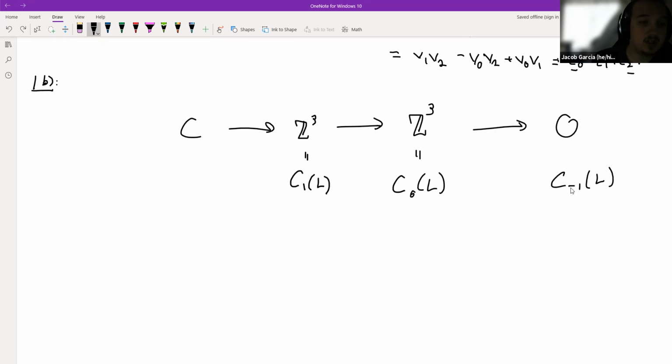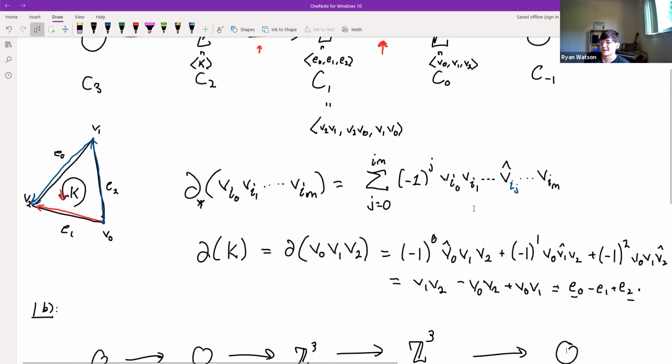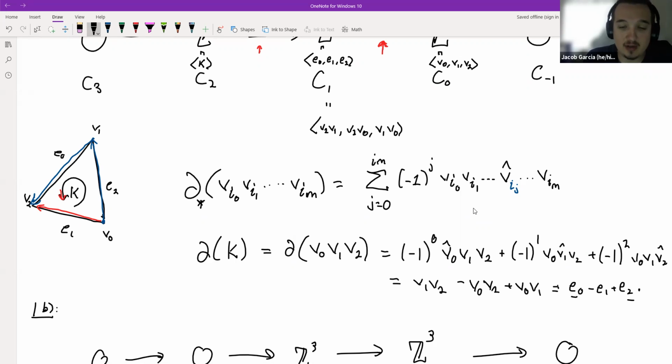Yeah, so C2 of L was the only one that changed. Maybe you can say something about why it changed. Well, like the inside, we don't have a 2-simplex anymore, because the inside is gone. Yeah, C1 and C0 are just generated by the same 3 and 1 simplices respectively, right?